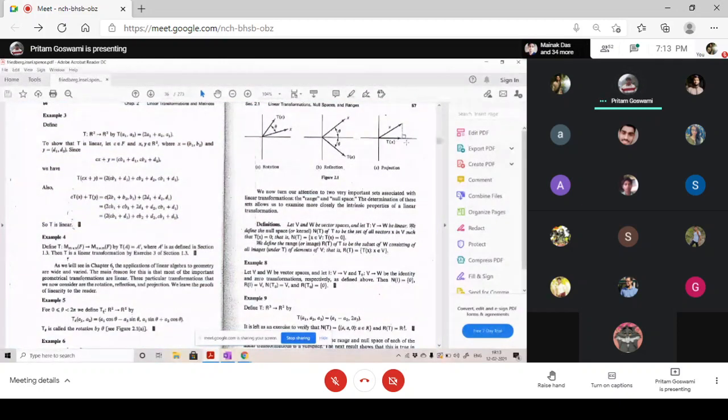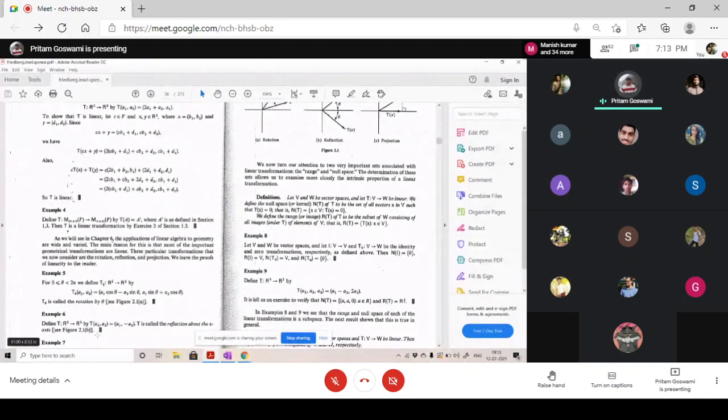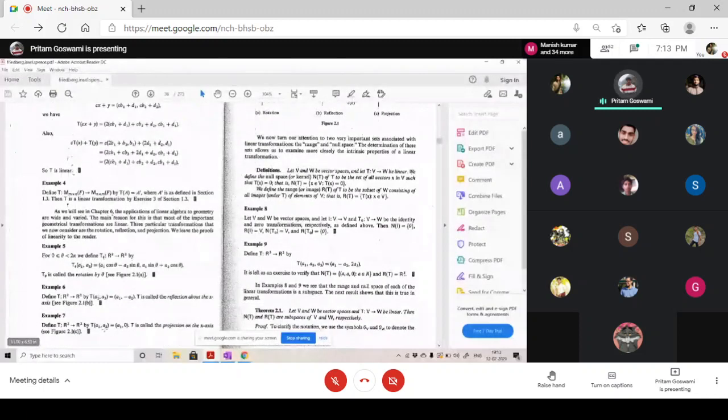So if you check here, projection is also a linear transformation defined by this mapping: A1, A2 goes to A1, 0. Projection on the x-axis is a linear transformation. Can you guess what the matrix will be?